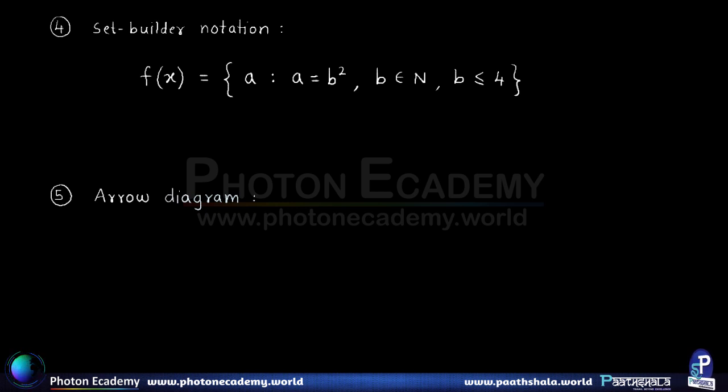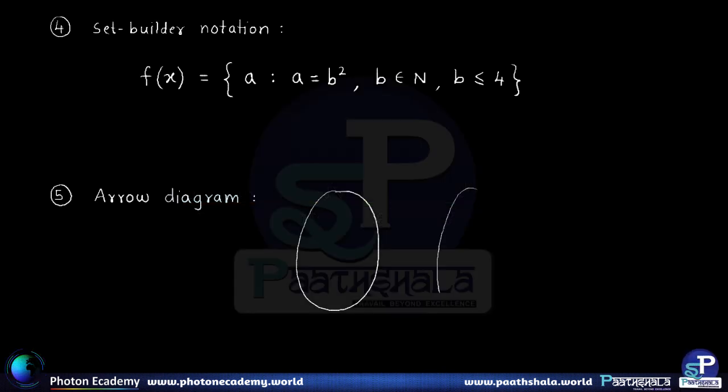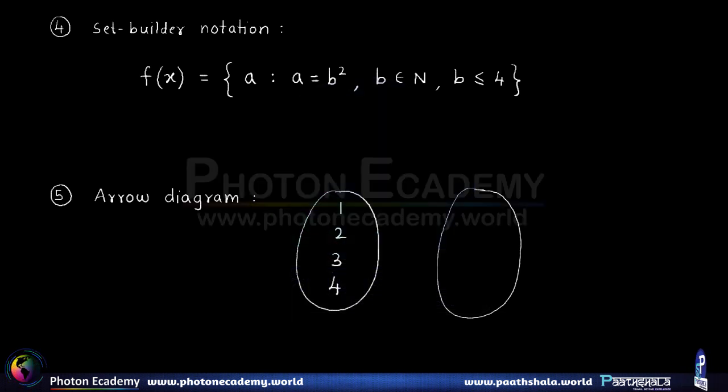And lastly we have the arrow diagram, which is nothing but a graphical representation of the function. In this, we first draw the first set, then we draw the second set, right? Now in the first set the only allowed values are 1, 2, 3 and 4, and we have not been given the codomain here. So let us assume that the codomain, that is the second set, is the set of natural numbers.